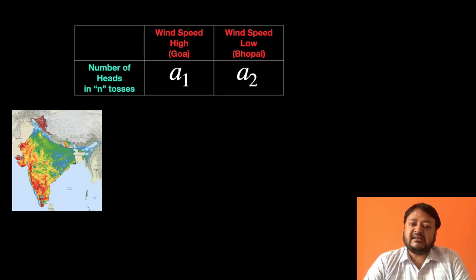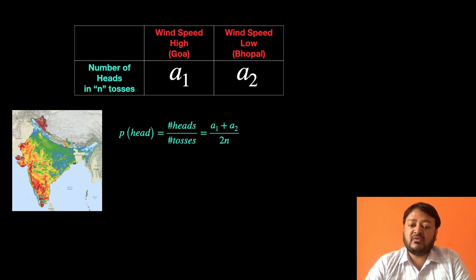Now let's say that you did this experiment, you took two locations, let's say one was Goa and one was Bhopal. In Goa, let's say the wind speed was very high, in Bhopal the wind speed was low. You toss this coin n number of times in Goa and n number of times in Bhopal, and out of these you got heads A1 number of times in Goa and A2 number of times in Bhopal.